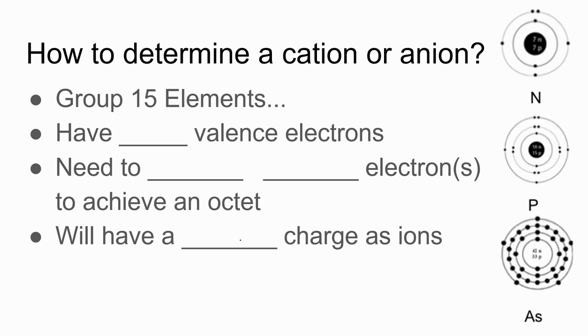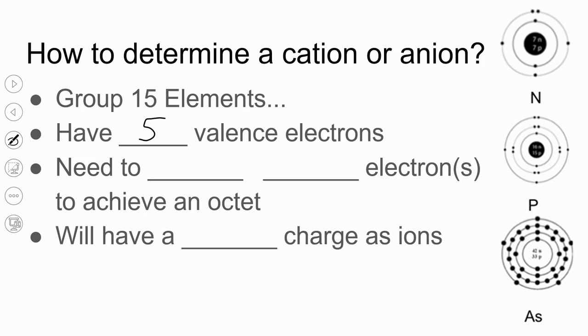Okay. Group 15. If we count over, this is nitrogen, phosphorus, and arsenic. How many valence electrons do atoms in nitrogen's column have? 5. Okay, good. 5 valence electrons. Are they going to lose all of the electrons in their outer ring, so lose 5, or are they going to gain 3?